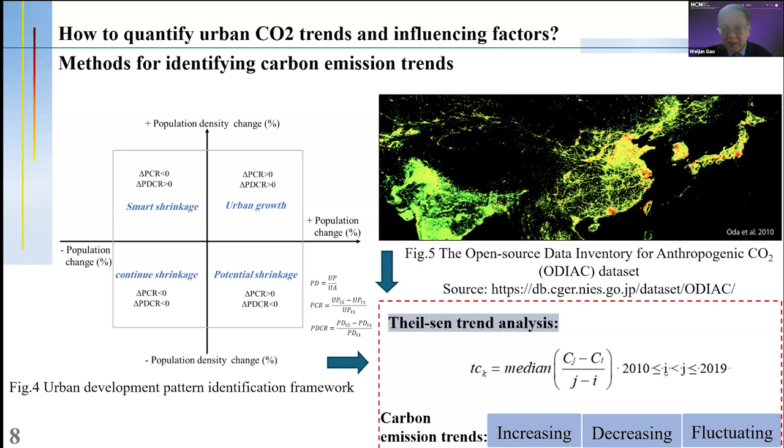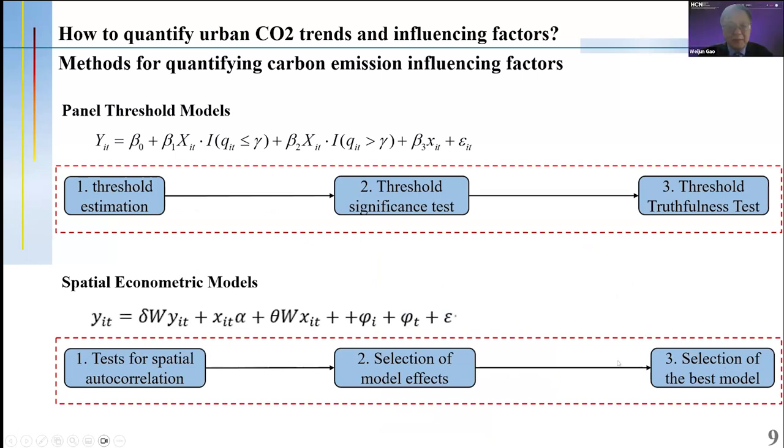Another is the second method. This figure 5 is an analysis chart of carbon emission using the Tapio decoupling coefficient. We classify the change of carbon emission into three types: increase, decrease, and fluctuation. And the third method is to analyze the influence factors of the carbon emission using a panel spatial model.